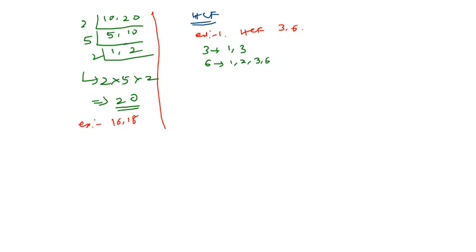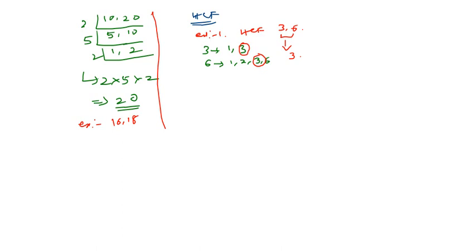Now which is the common factor for these two numbers, 3 and 6? Here 3, 3, this is the common factor. So the HCF of 3 comma 6 is 3. Now we will find the HCF of 3 comma 6 with the normal method.